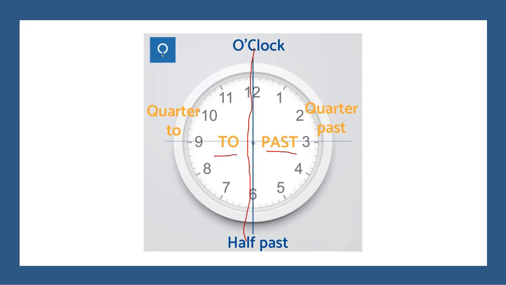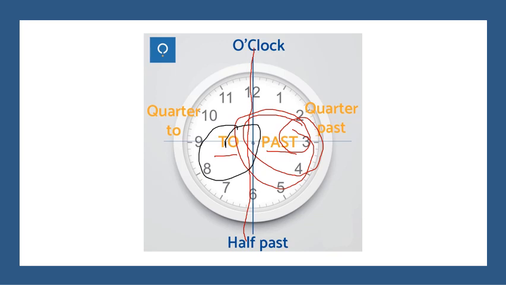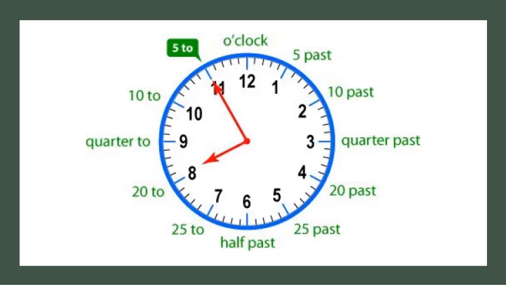Kita akan memisahkan perkataan past dengan to. Whenever the minute hand, jarum minit itu berada between this side, dekat belah kanan, on the right side, we are going to use the word past. If the minute hand is on the left side, we are going to use the word to. In details, secara detailnya, it's going to be like this.